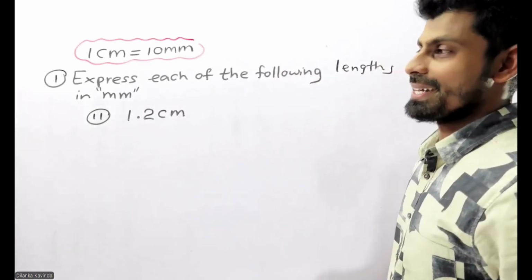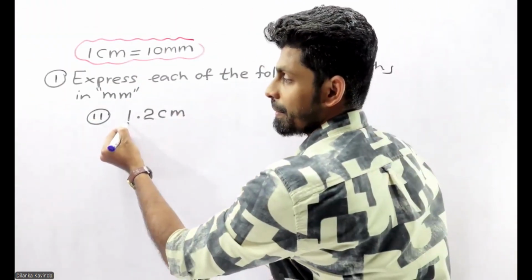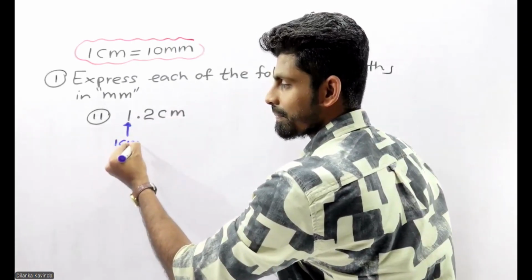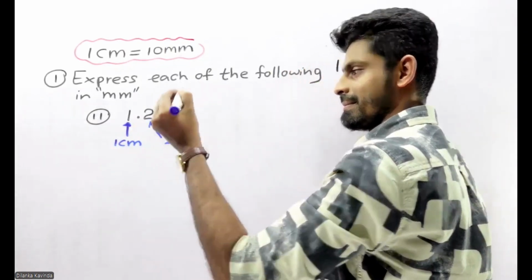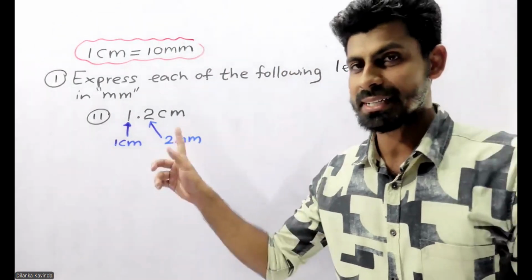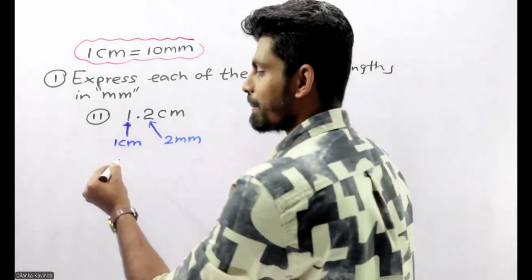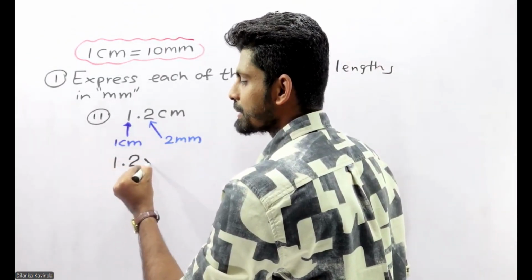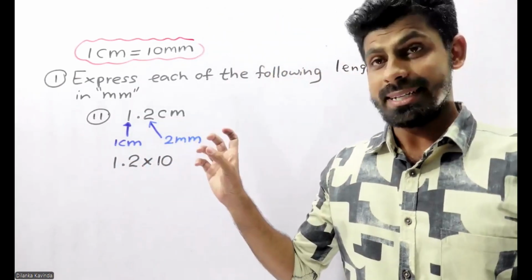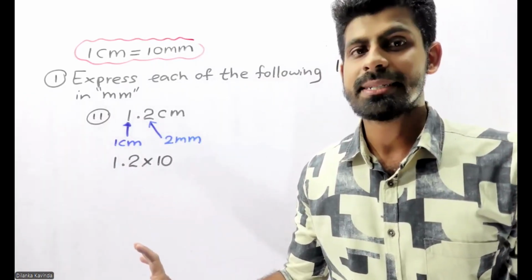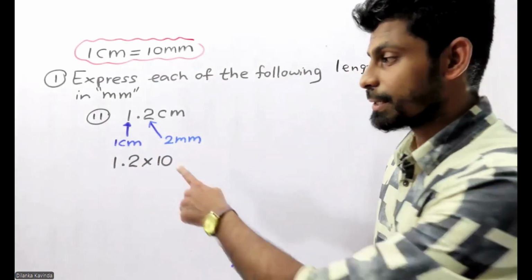1.2 centimeters. What is the meaning of that? 1 centimeter 2 millimeters. That is the meaning. Then how to convert to millimeters? 1.2 multiplied by 10. Decimal multiplication, we already did that part. 1.2 multiplied by 10, how many zeros are there?